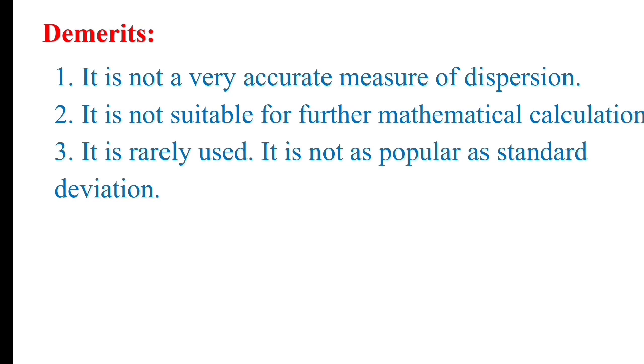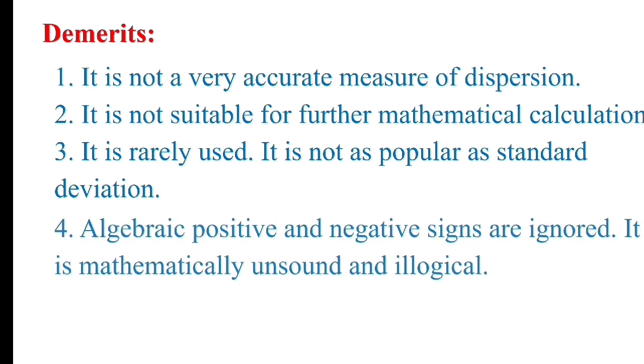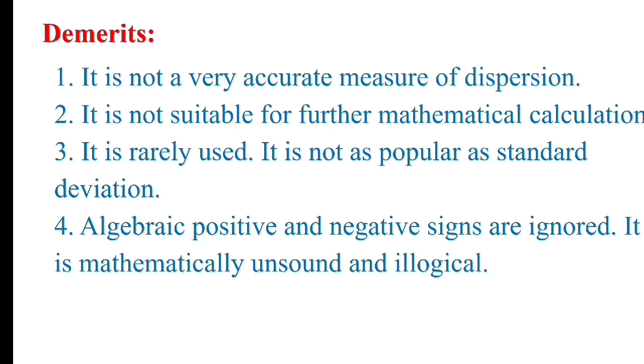So, comparatively, mean deviation is not that popular. Algebraic positive and negative signs are ignored, because sometimes values will come negative, but they are not considered in this case. Negative will be considered as positive. It is mathematically unsound or illogical. As per the mathematical concept, this is not correct. That's the reason we are facing this problem with mean deviation.